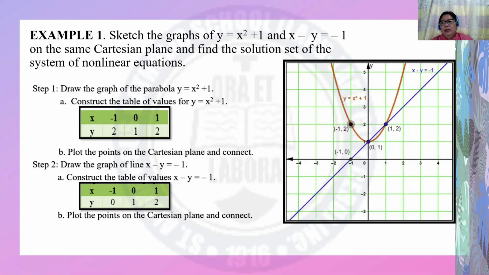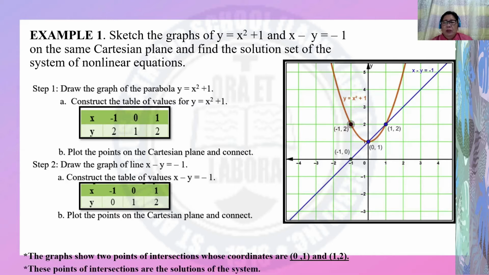And the blue points are the intersection of the parabola and the line. So meaning, in this system, we have two intersections. And the graphs show 2 points of intersections whose coordinates are 0, 1, and 1, 2. So these points of intersections are the solutions of the system.